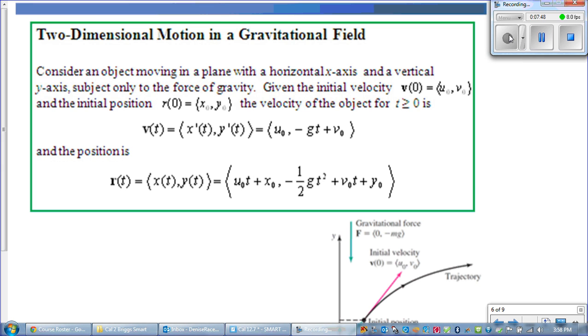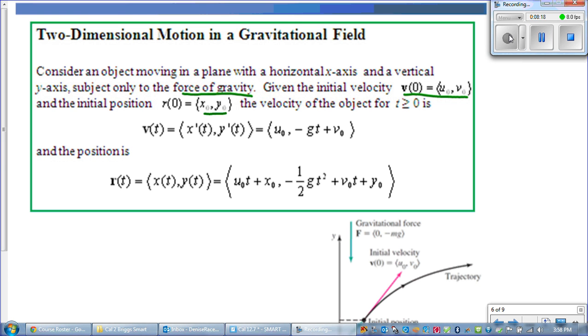So let's look at two-dimensional motion in a gravitational field. Consider an object moving in a plane with a horizontal x-axis and vertical y-axis. The only thing acting on that is gravity. Now, given the initial conditions, when t equals 0, the velocity will be u naught, v naught, and the initial position, r at t equals 0, is x naught, y naught.